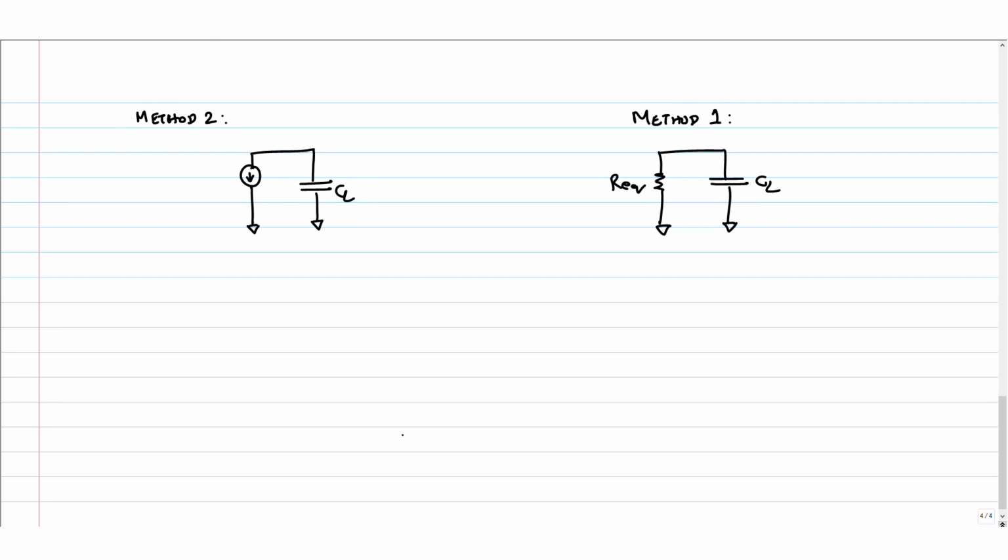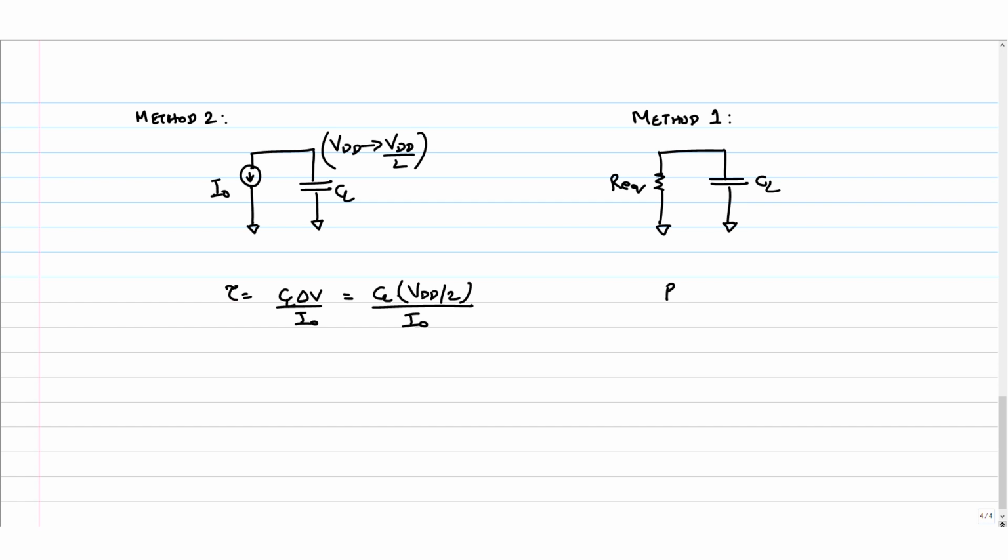This current is I naught, by the way. If lambda equals 0, this current is just I naught. What's the time it's going to take to discharge from VDD to VDD by 2? If it's a constant current source discharge, C delta V by I, right? So the time is CL into VDD by 2 divided by I naught.